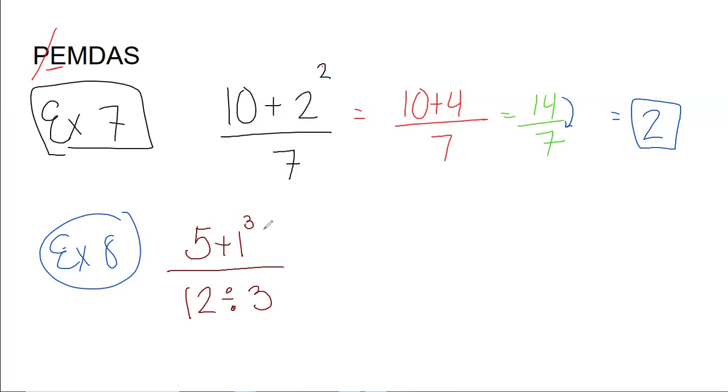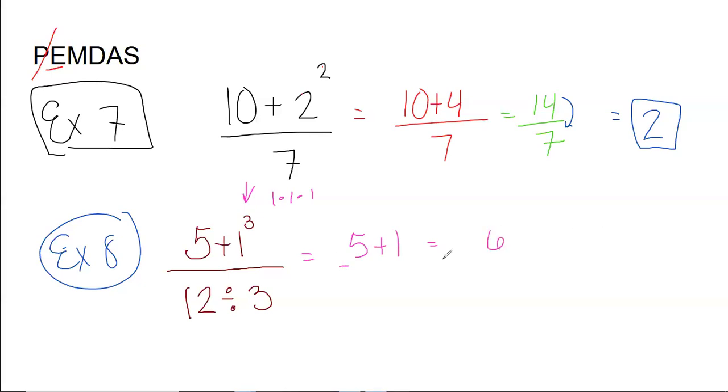Okay, so treat them separately. So just do the top. There's no parentheses, but there is an exponent. So do 1 cubed, which would be 1 times itself 3 times. So that's just 1. So that's just 5 plus 1, which is just 6.